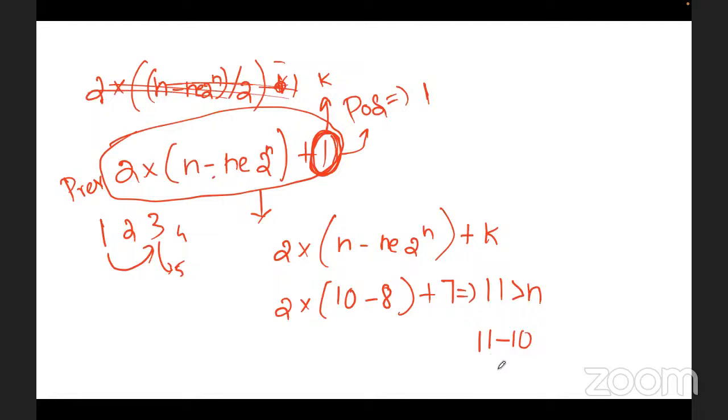We'll get 1. So 1 is the right answer. So if the n value is 10 and k value is 7, the answer is 1. Here n is the number of prisoners. Survival is equal to 2 into n minus 2 power x plus k.